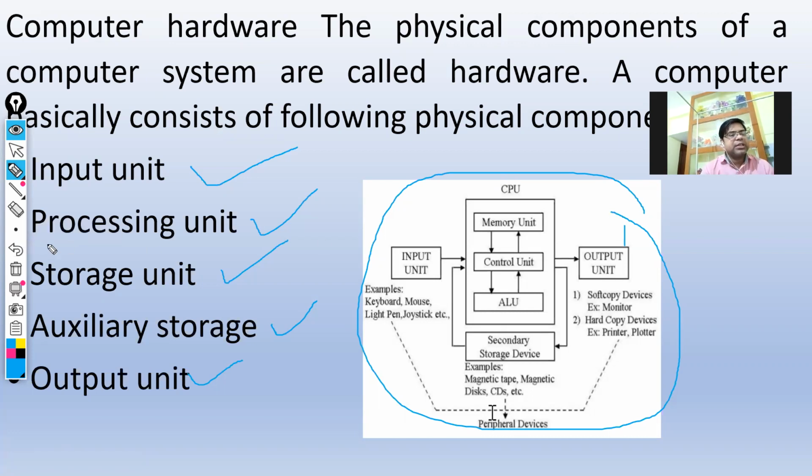Next one is the processing unit. You know, your CPU is the brain of the computer system. It has different functions.